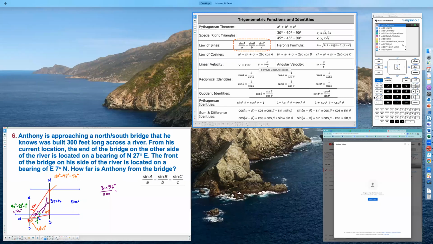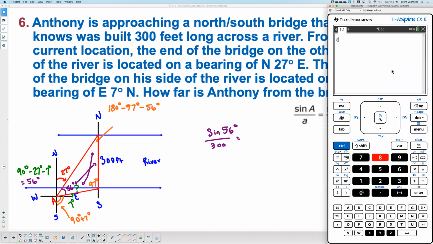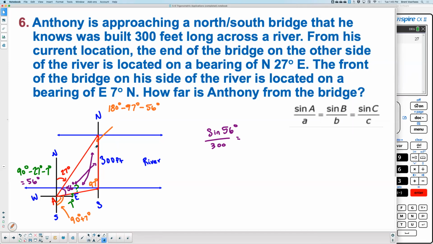So let me go with my calculator: 180 minus 97 minus 56 gives me 27 degrees. So 27 degrees is the angle that's going to go in right here. Let me move that down. Okay.